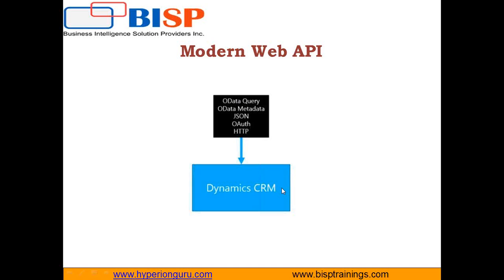Next, we have the modern web API. These are powerful tools available in Dynamics CRM that allow us to tailor Microsoft Dynamics CRM to meet unique business requirements. Microsoft Dynamics CRM facilitates the delivery of rapid business value with an agile solution framework that can be easily tailored and configured.